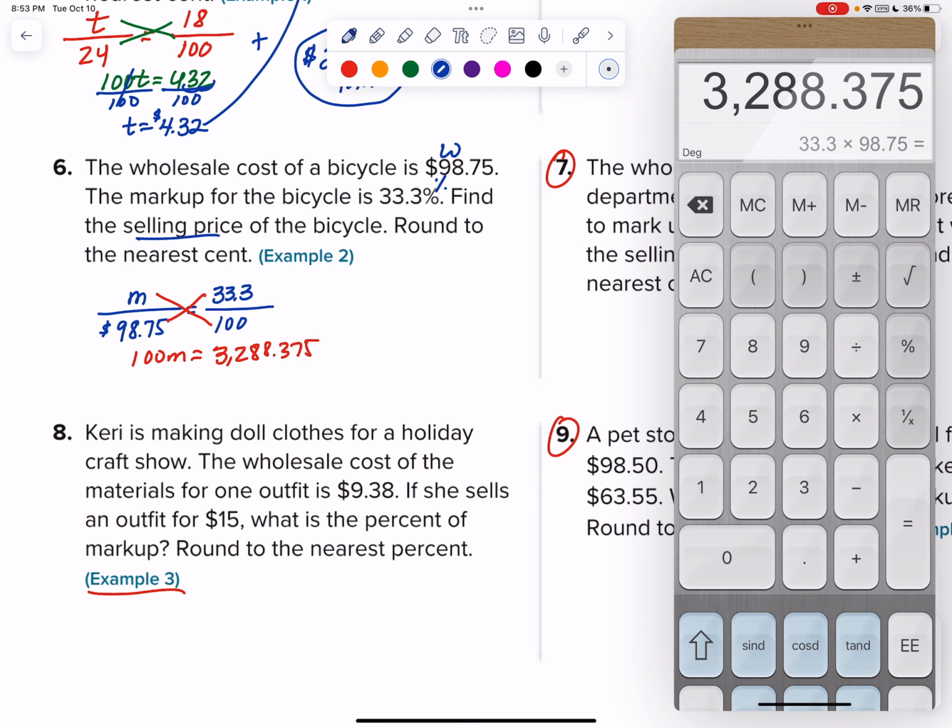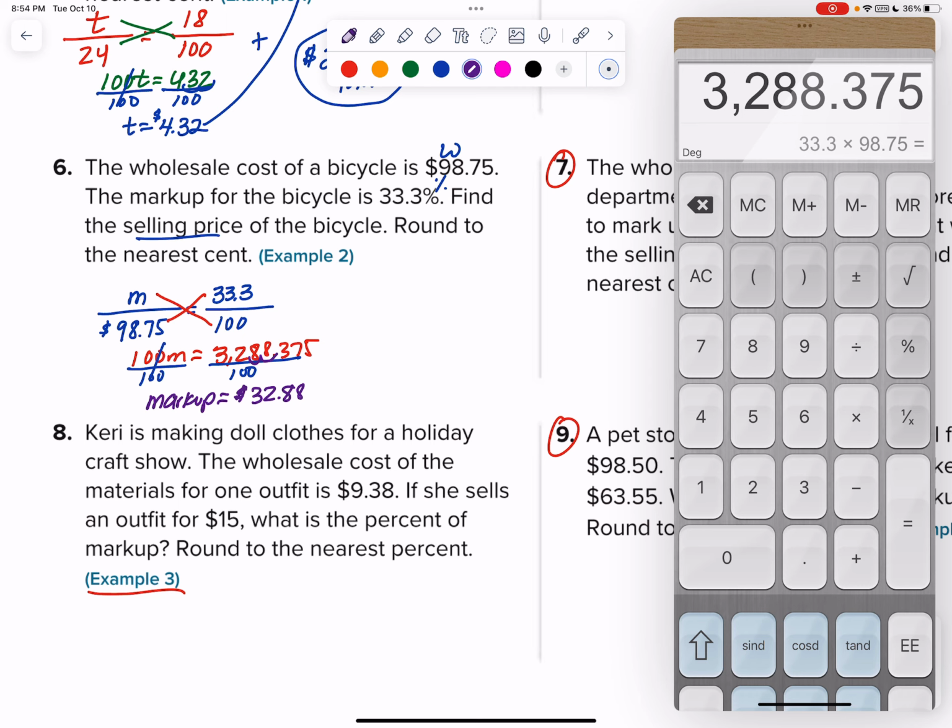Okay, divide by 100 on both sides. That crosses out, and we are left with a markup of how much? Divide by 100, swoop, swoop. A markup of $32.88, okay, when we round to the nearest cent. All right, so that's the markup.